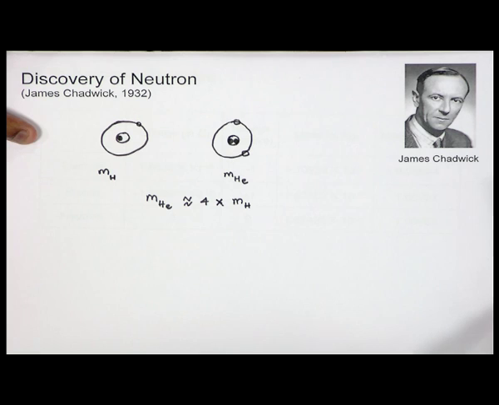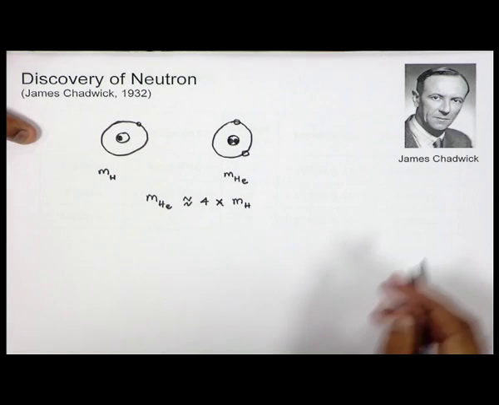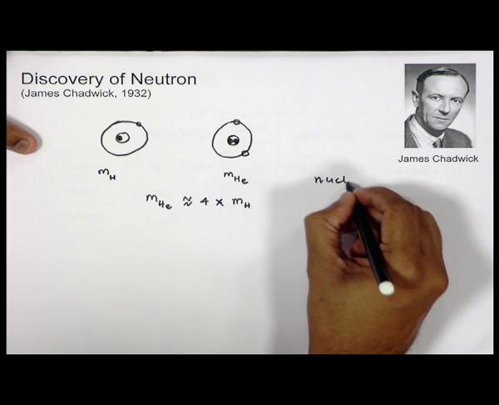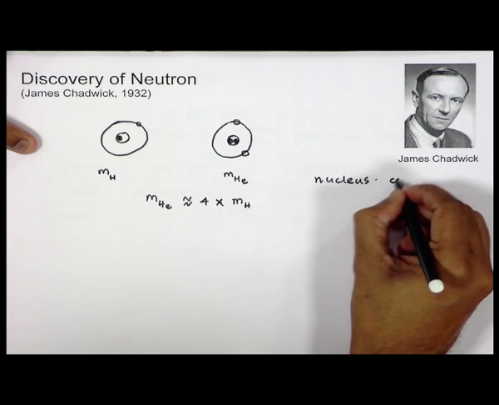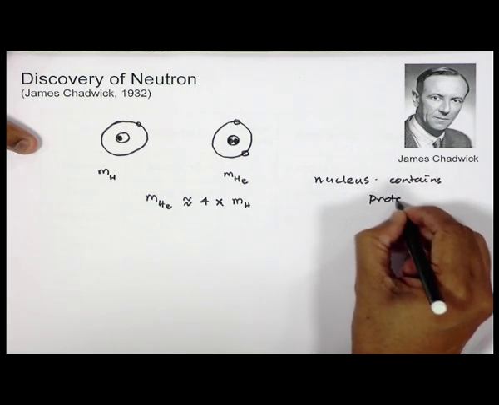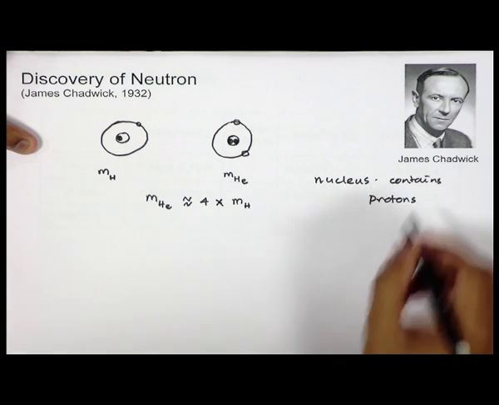It was in 1932 that James Chadwick did a series of experiments and discovered that the nucleus of course contains protons, as we have discussed earlier, which are charged particles.